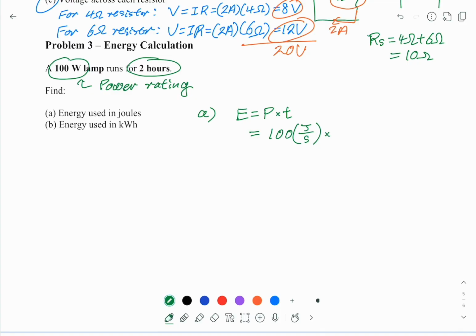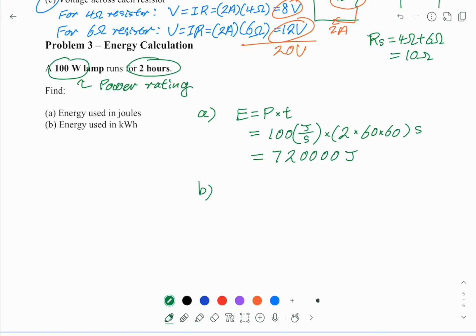Now remember, you must specify the unit in second. So this is 2, each hour has 60 minutes, each minute 60 seconds. So this is the time in seconds. So the answer is 72,000,000 joule.